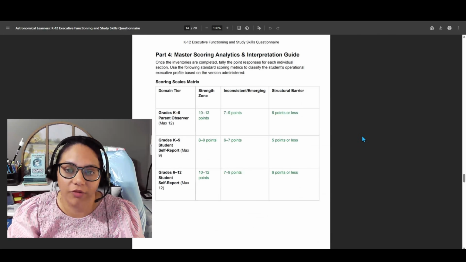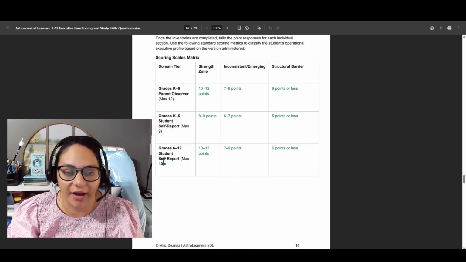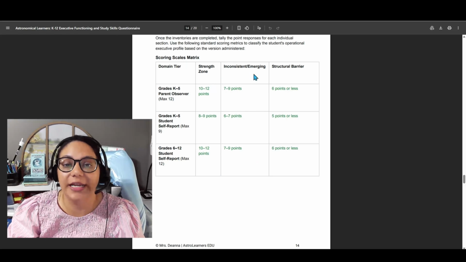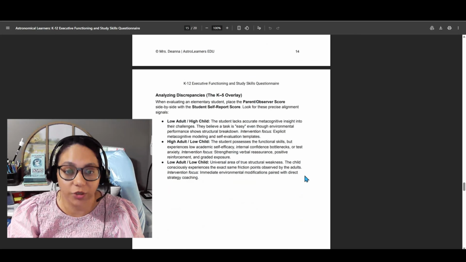And so then also part four, we have the master scoring analysis and interpretation. So we have both the parent observer and the student self-report, and then we have just the 6 through 12 student self-report. So you want to understand there's going to be a strength zone, an inconsistent emerging zone, and a structural barrier zone. So what do you do with these?